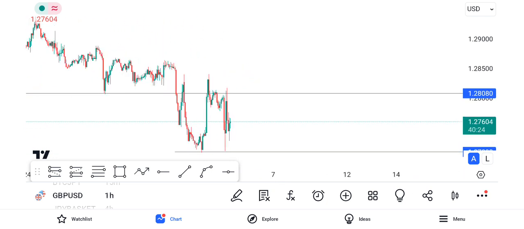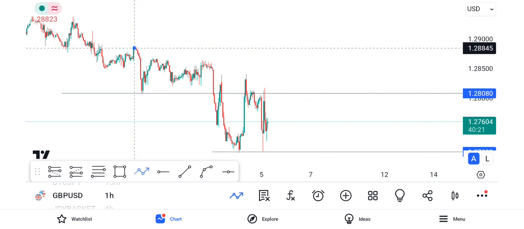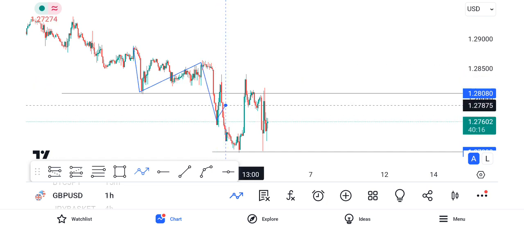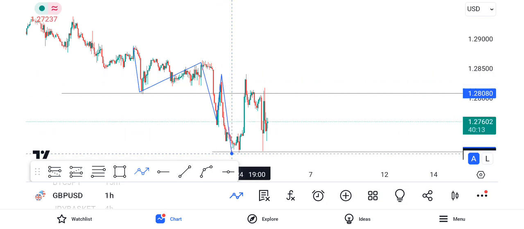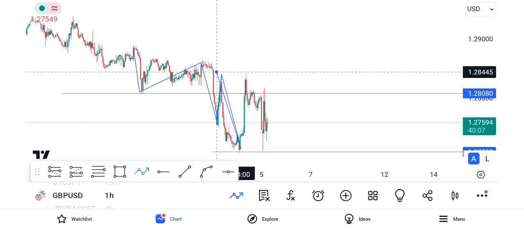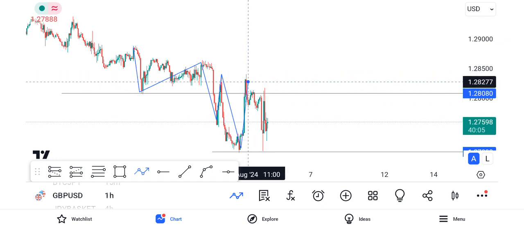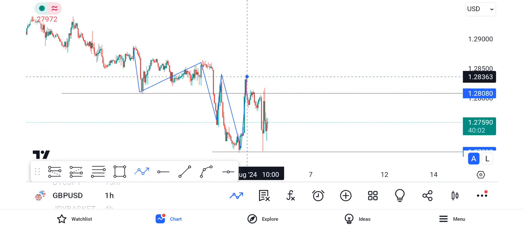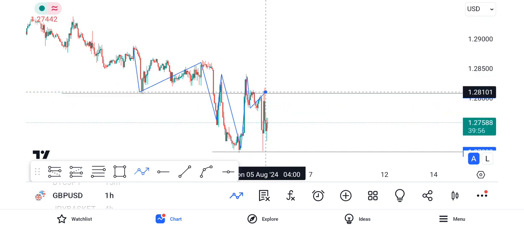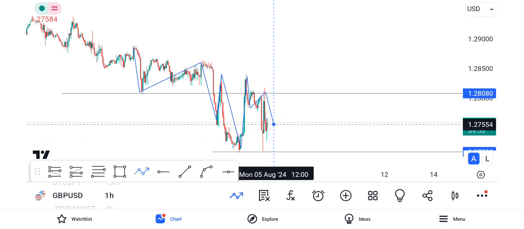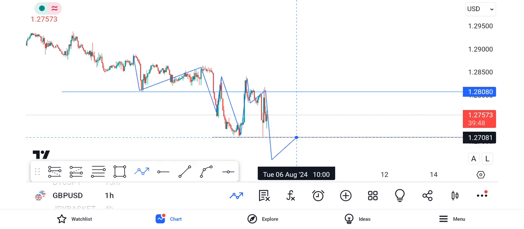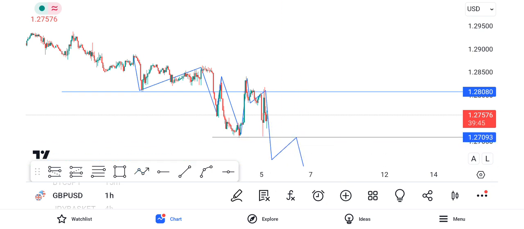As you can see, this is lower high, lower low, lower high, lower low, lower high, lower low. It comes here, makes a rejection, then comes back, makes a retest, and starts shooting down. So confirmation of the bearish downtrend: break this, retest, then we continue going down on GBPUSD.